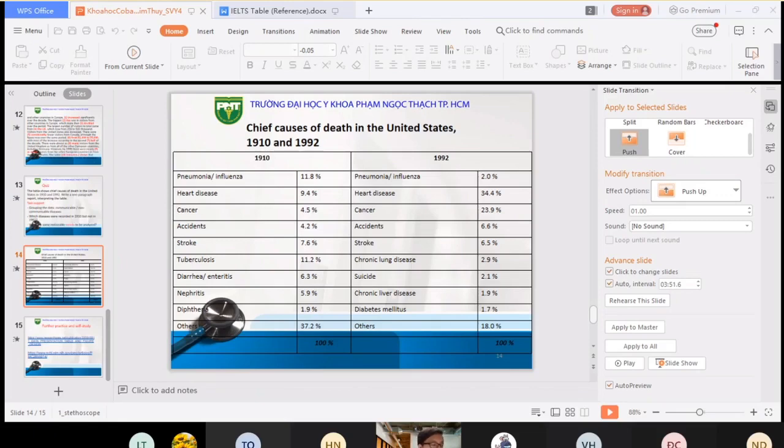Show some details and remember to support your description with some percentages or data, and make comparisons. So 5 minutes for you to describe 1910. And if you can, please use fractions.